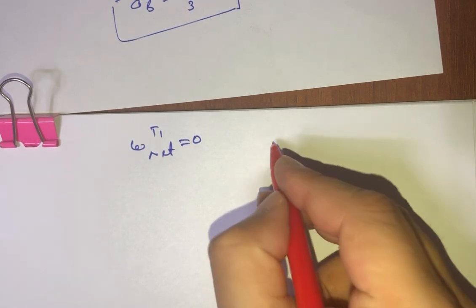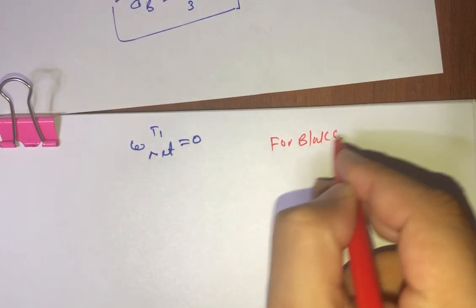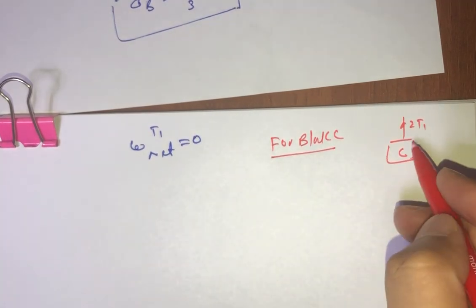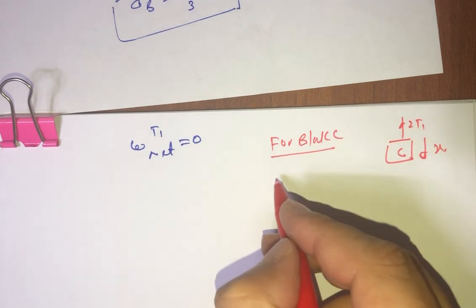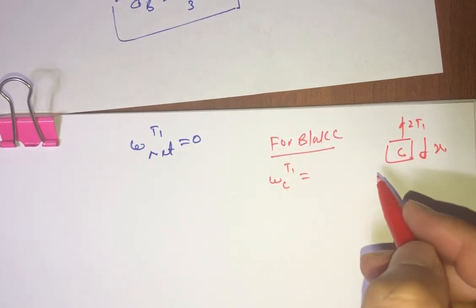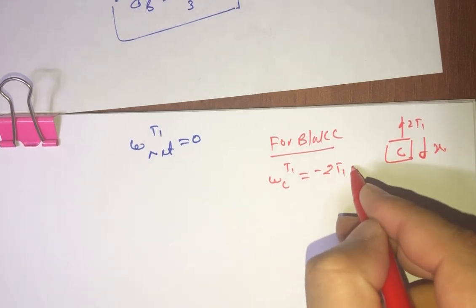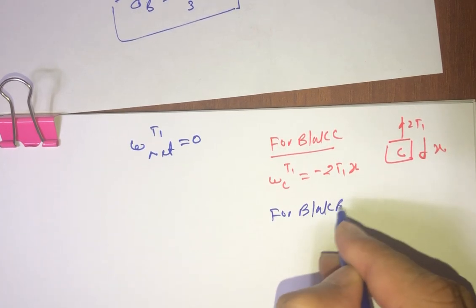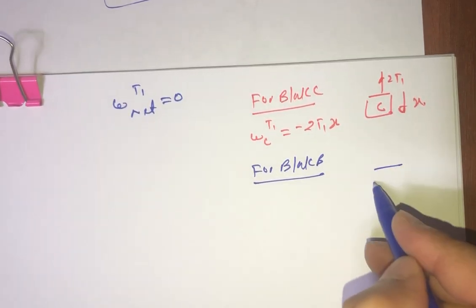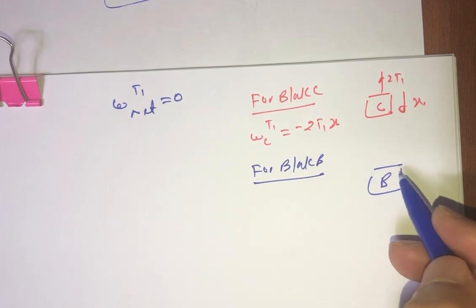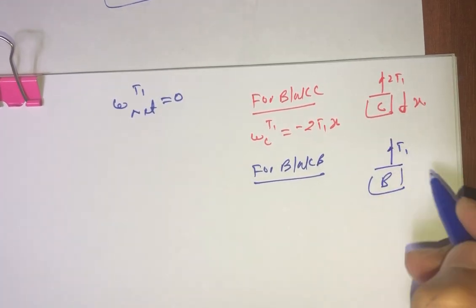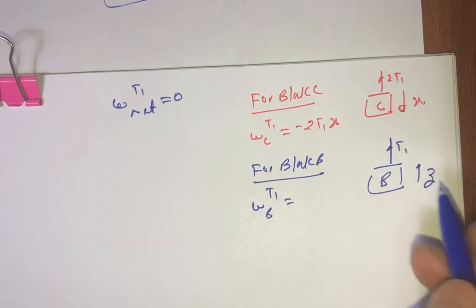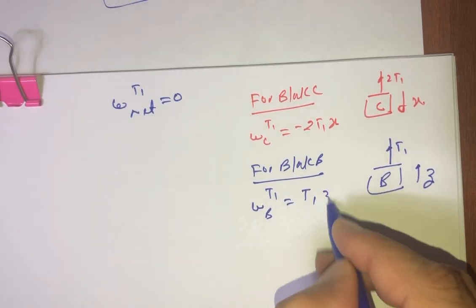For block C, we have twice T1 and it is moving in downward direction by X. So work done C for T1 will be equal to minus 2 T1x, and for block B we have T1 tension and it is moving upward with the Z, so we can write WB for T1 is equal to T1Z.